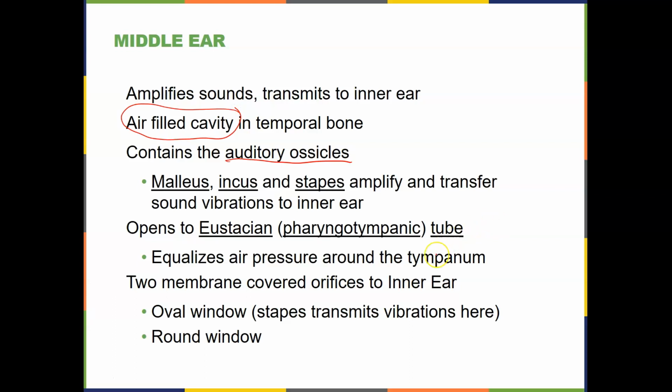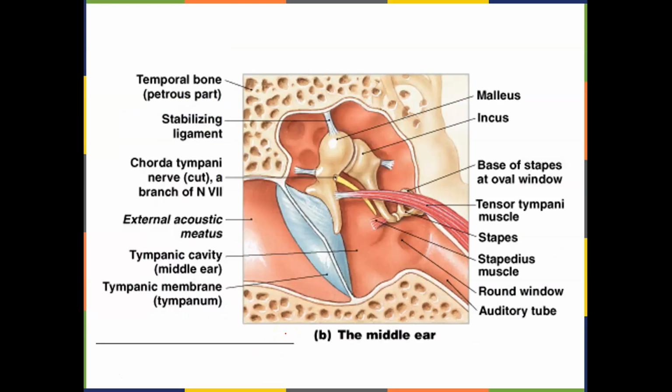And it opens, like I said, to the eustachian tube, the pharyngotympanic tube, which is also called the auditory tube. The eustachian tube allows for equalization of air pressure around the auditory ossicles so that they're at the same pressure as the external ear. The two membrane orifices that go to the inner ear: the oval window, where the stapes is transmitting vibrations to the cochlea, and then the round window.